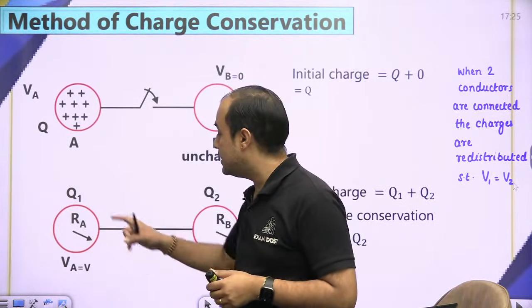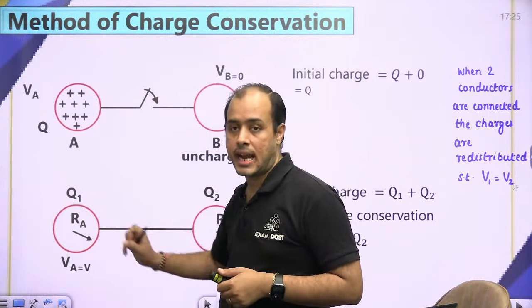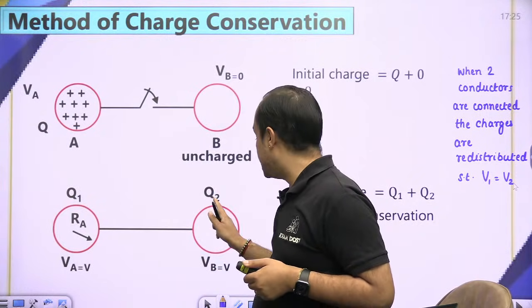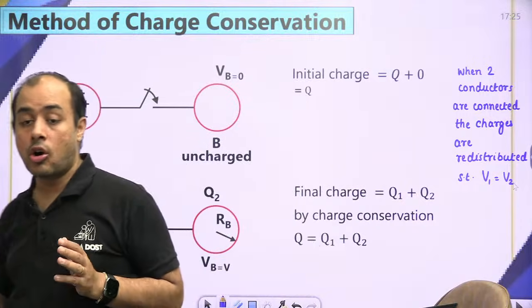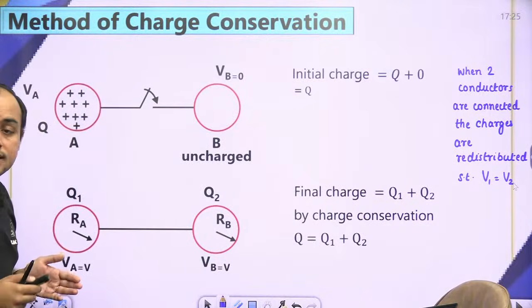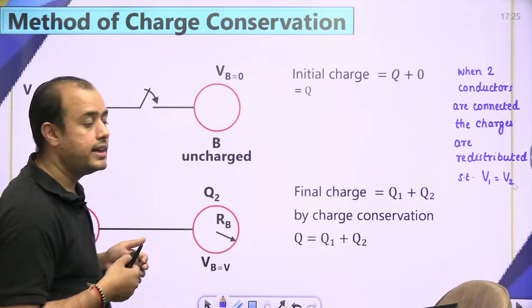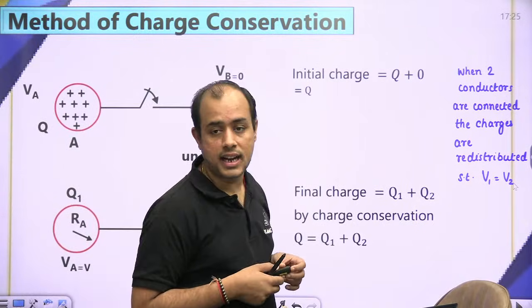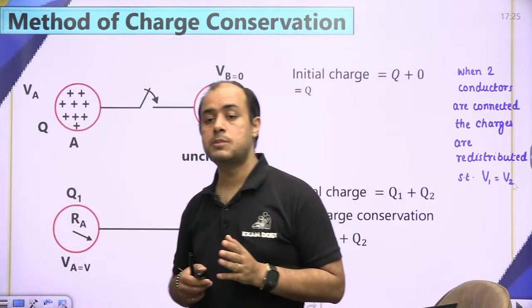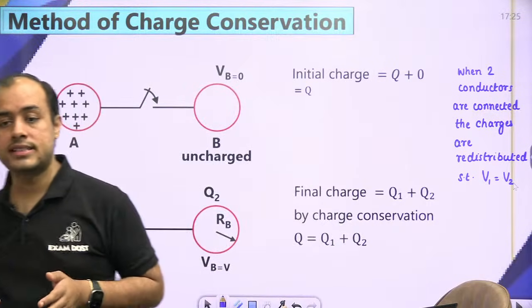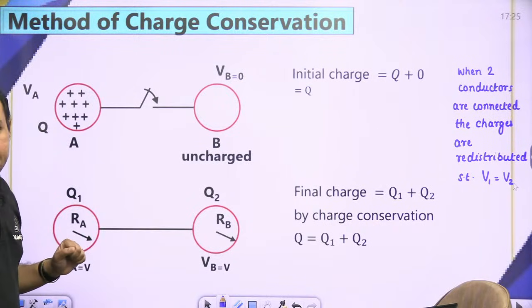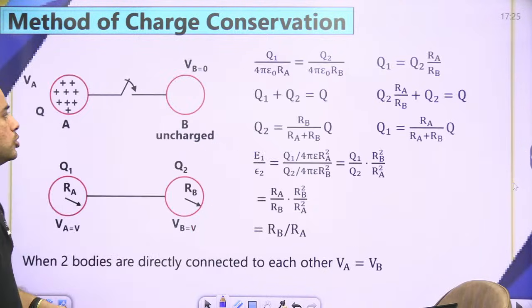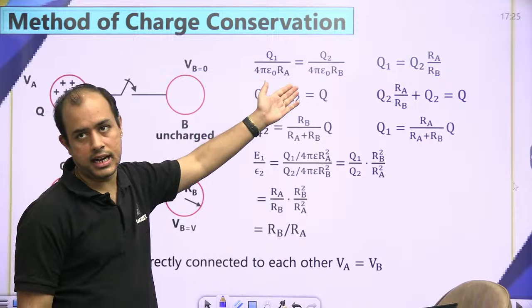So you can say Q1 by 4 pi epsilon RA should be same as Q2 by 4 pi epsilon RB, because the potential on the surface of a sphere is same as the point charge. अगर आपको सरफेस पे पोटेंशियल निकालना है तो पॉइंट चार्ज वाला ही फॉर्मूला लगता है. तो Q1 by 4 pi epsilon RA equal to Q2 by 4 pi epsilon RB.